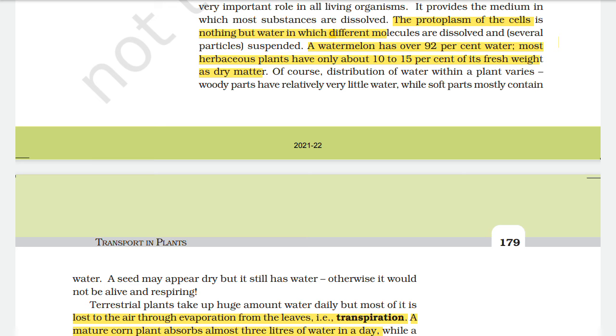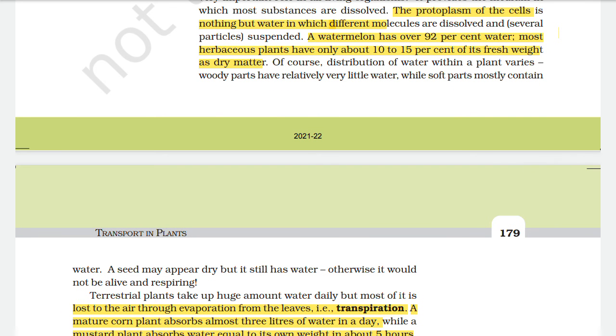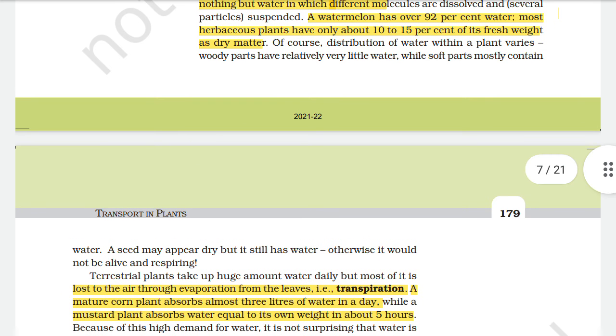Most herbaceous plants have about 10 to 15% of their fresh weight as dry matter. It means that 85 to 90% of the fresh weight of most herbaceous plants is water. Fresh weight includes both dry weight as well as water.